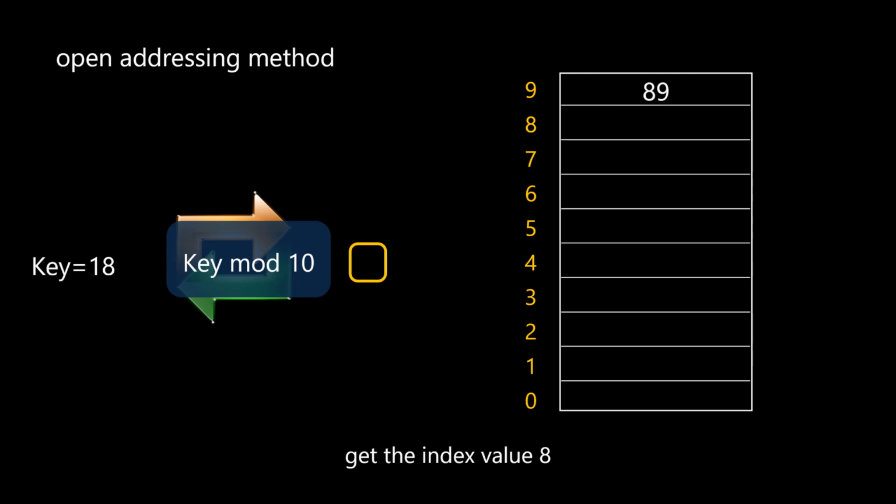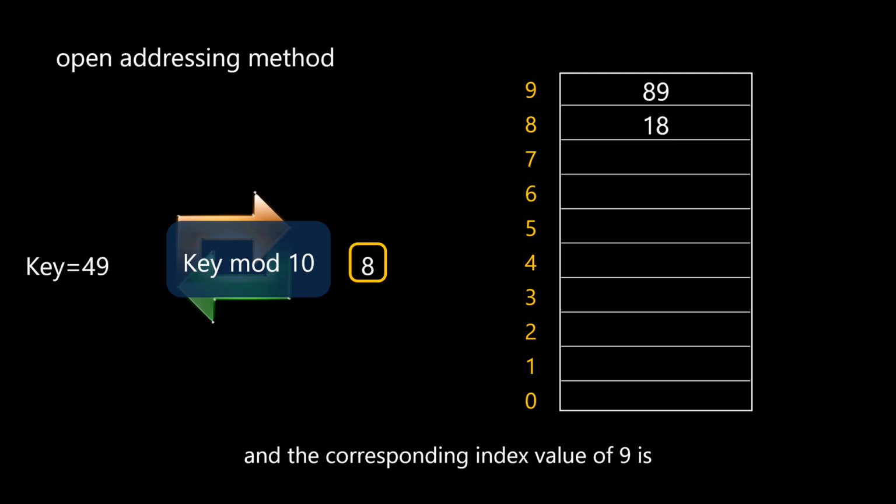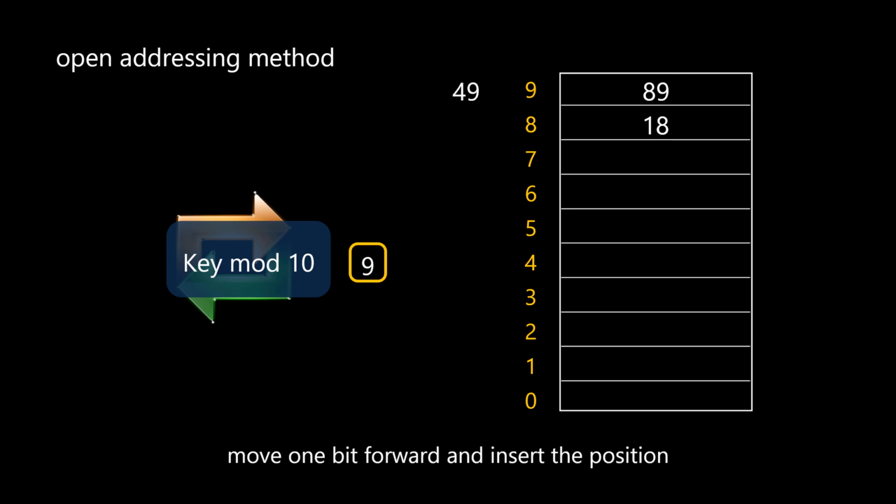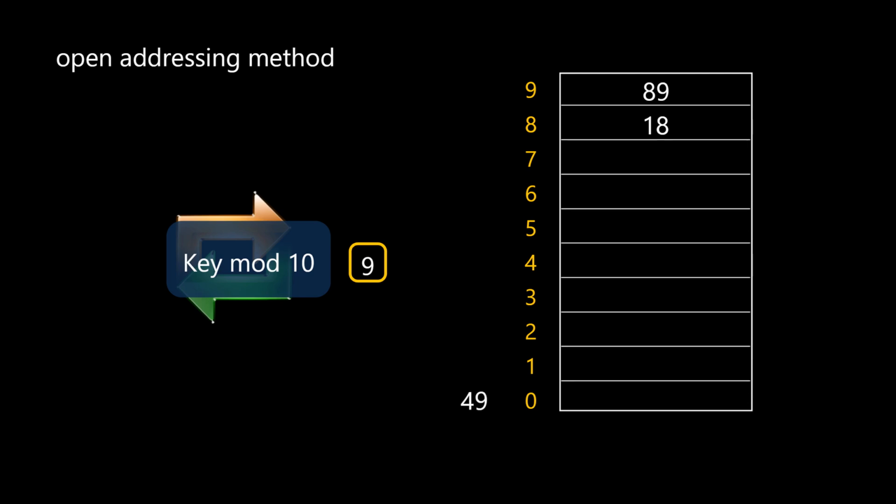Next, insert 18, get the index value 8 and insert it. Then it is 49, and the corresponding index value is 9, which is already occupied. Therefore, move one place forward and insert at the position of index value 0.